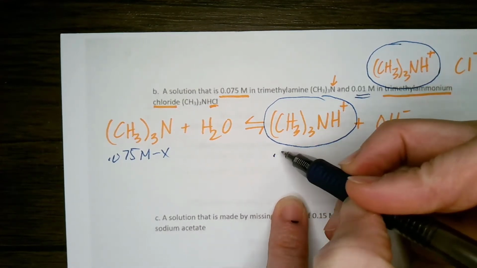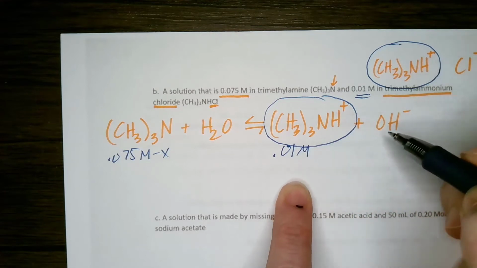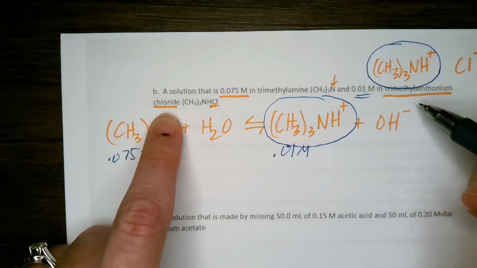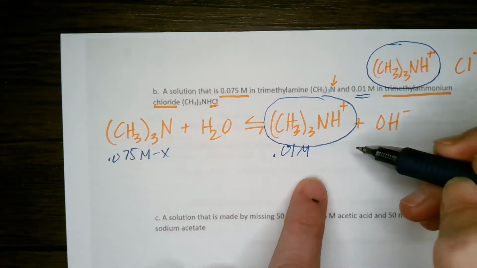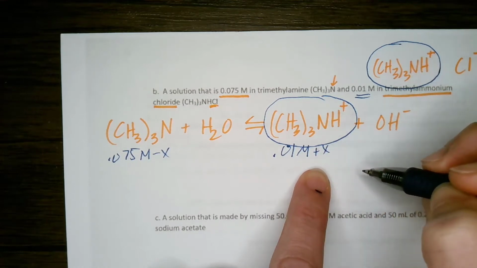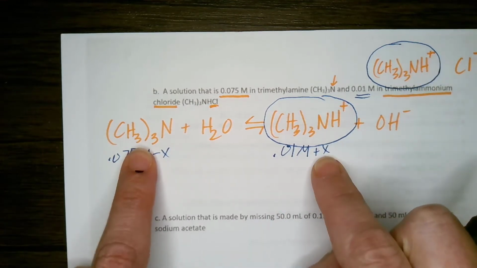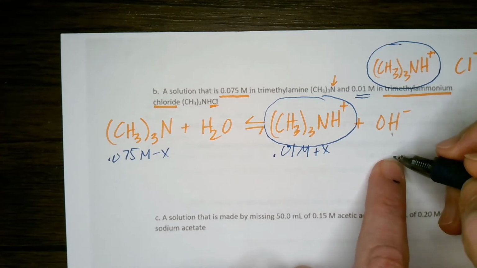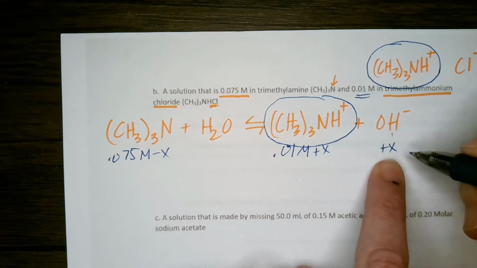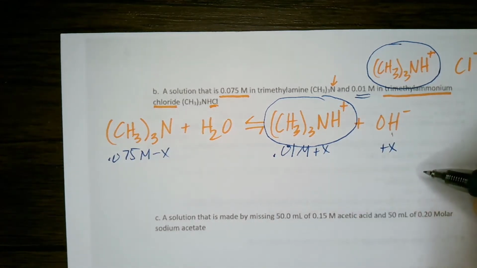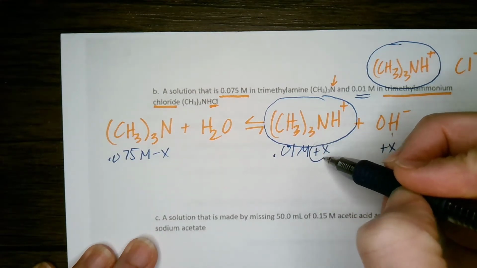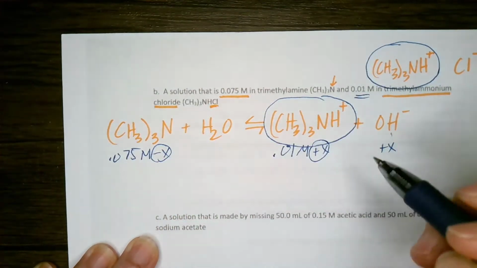We know that I initially had 0, but 0.01 molar of my trimethylammonium, right? Because it 100% dissociates. And then we have plus X because we lost X, we're adding X. And then same with our hydroxide, we just have plus X.